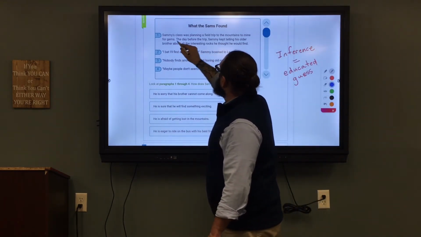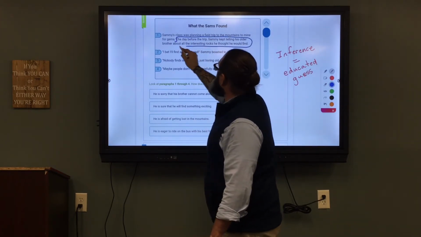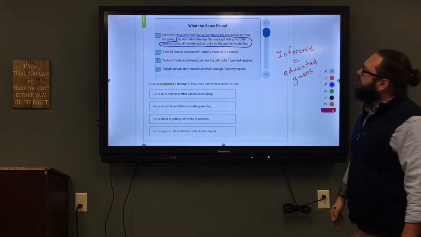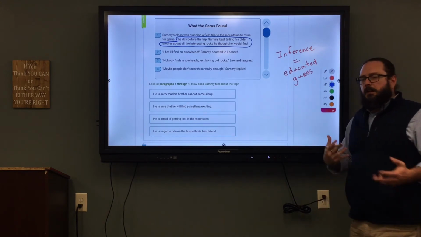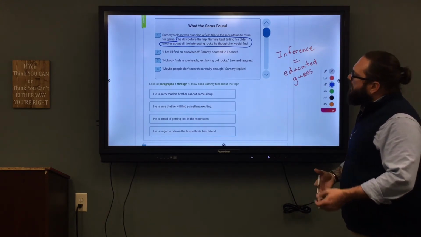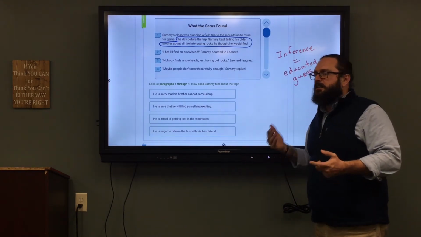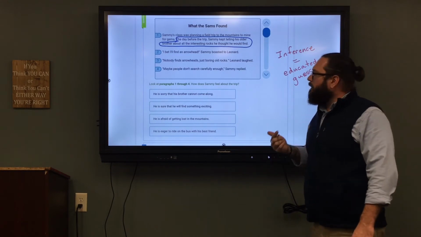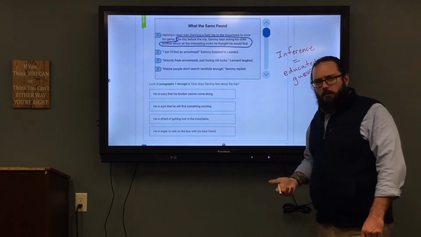So here is where it mentions Sammy's older brother. And then the following paragraphs deal with their dialogue. Is there anything that is presented in the dialogue or in the opening paragraph that leads us to believe that his brother cannot come along?